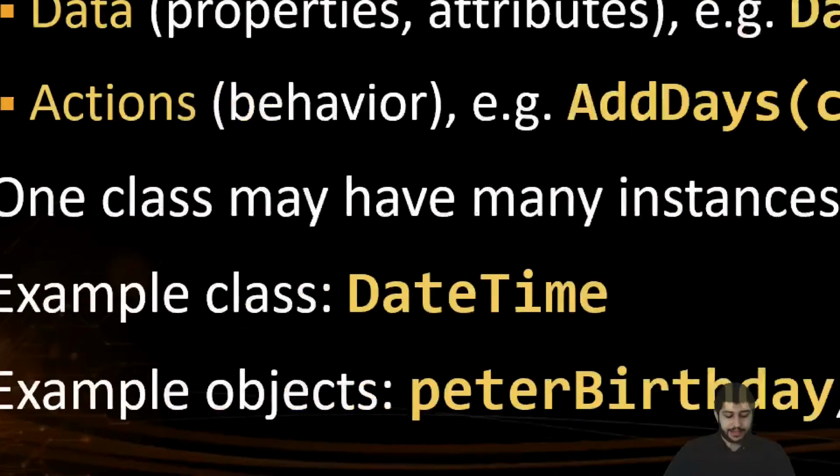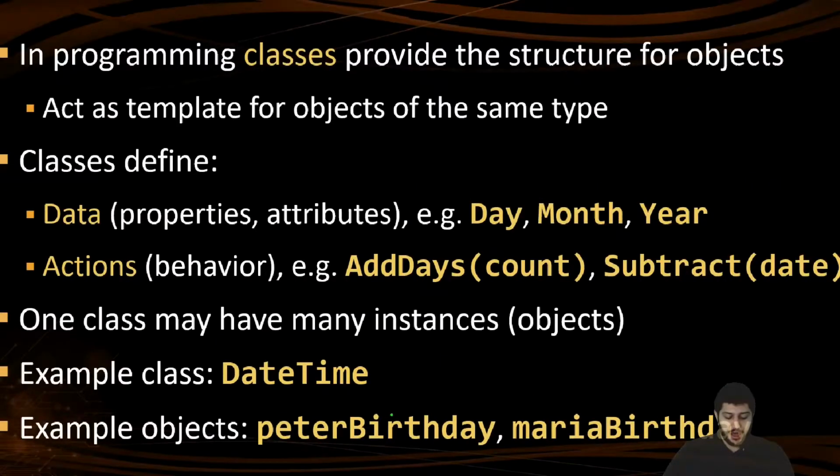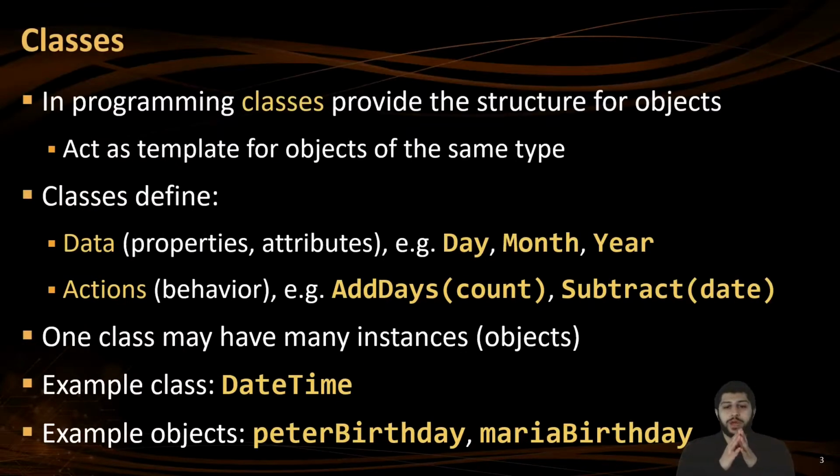Okay, an example of concrete objects from the DateTime class might be Peter's birthday, or Maria's birthday, or someone else's birthday. Basically, we can have different objects representing different things. At the same time, these objects, if they follow from the same template or class, have only one specific structure.